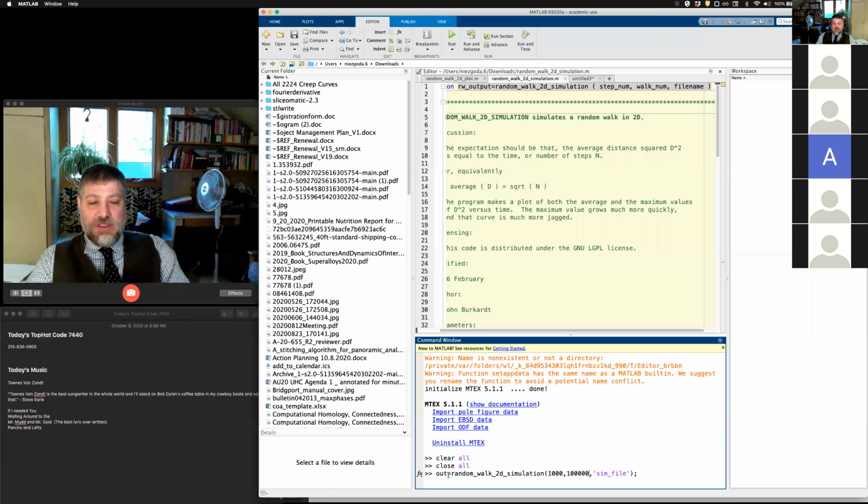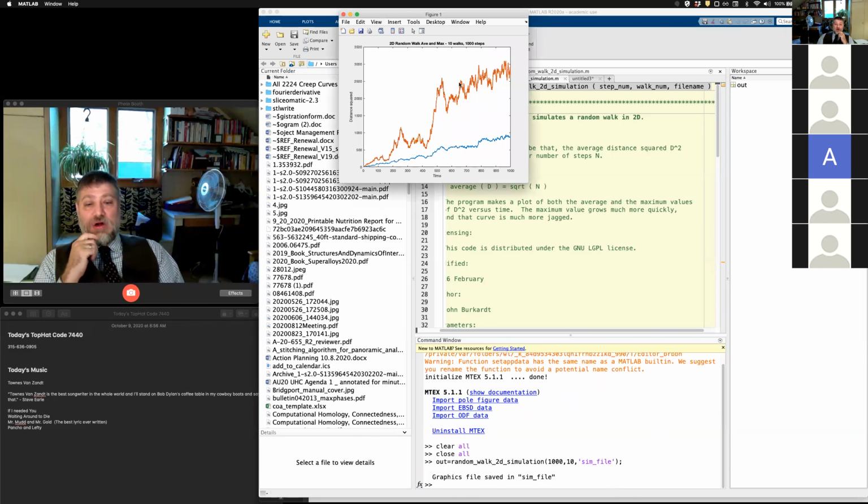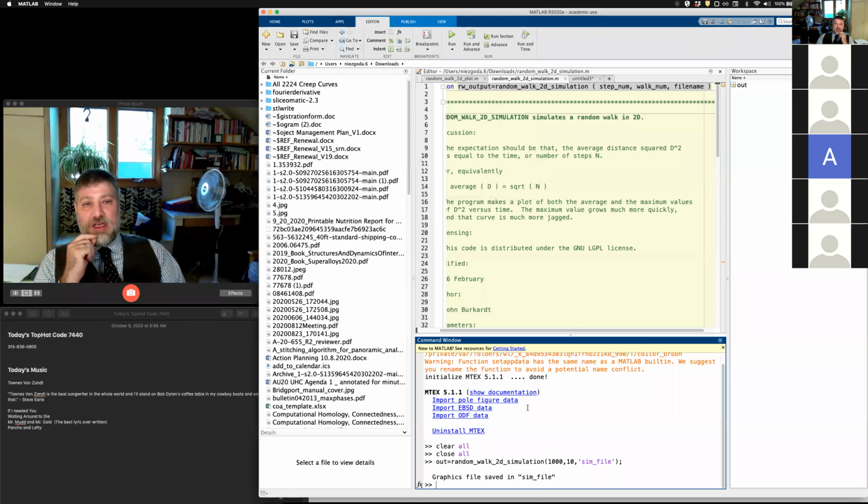Let's just take 1,000 steps. Each atom in this case starts at the origin, and it'll take 1,000 steps, either north, south, east, west at random. And we'll do 10 different runs of it, and we'll talk about what that means in just a second.